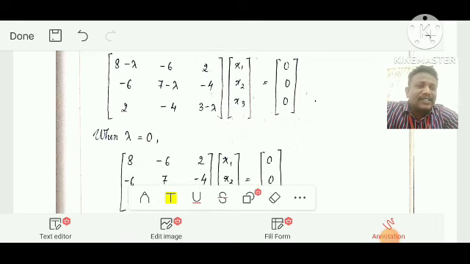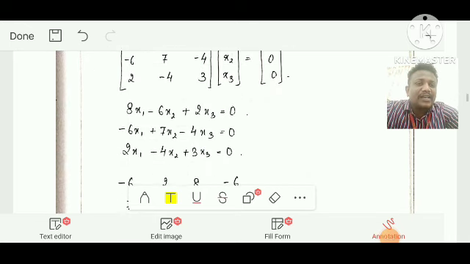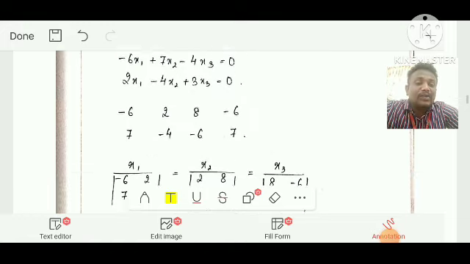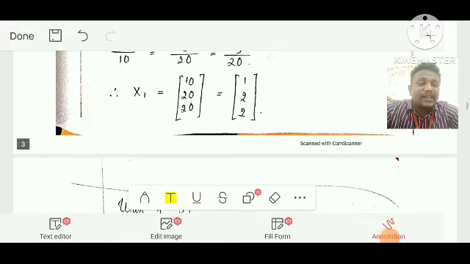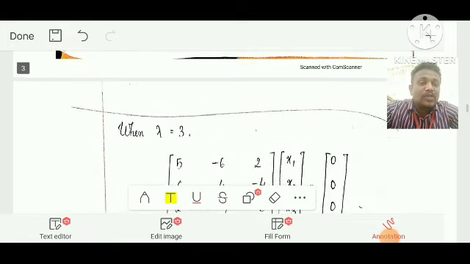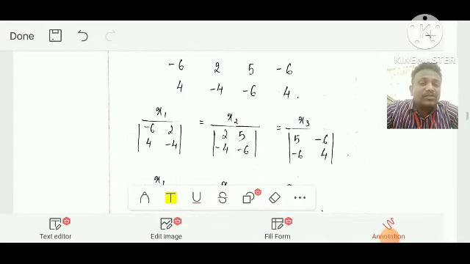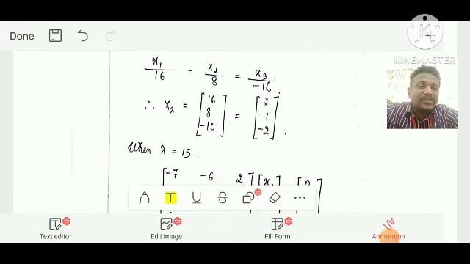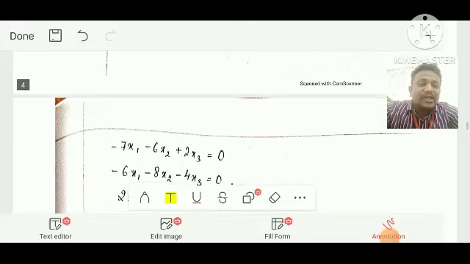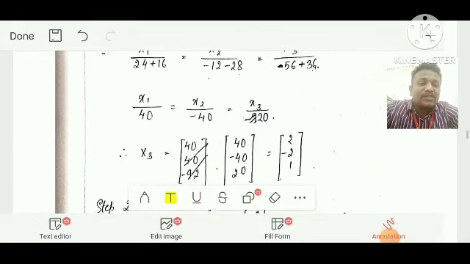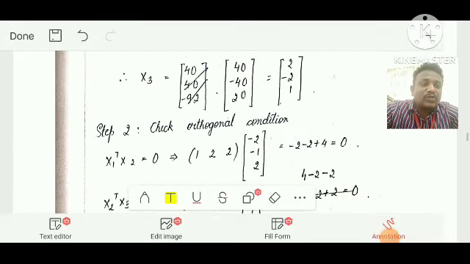All these things we have elaborately explained in our previous video. My eigenvectors are x1 is equal to [1 2 2], x2 is equal to [2 1 -2], and x3 is equal to [2 -2 1].